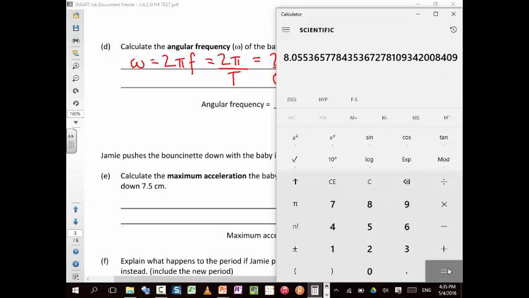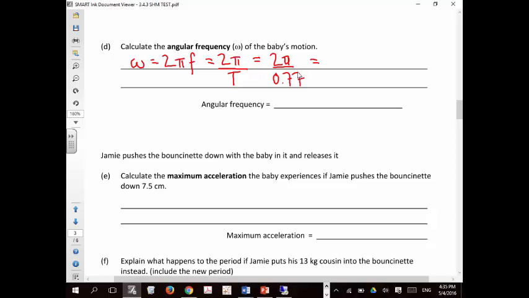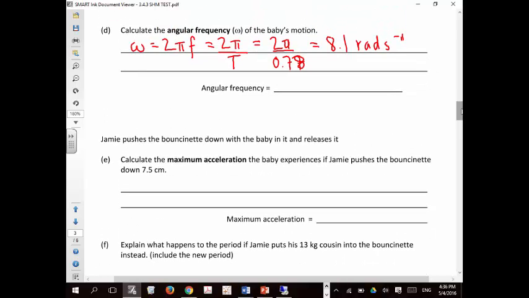I'm rounding a bit here, which isn't great, but I think it's accurate enough. So it's 8.1 angular frequency, so it's radians per second. Okay, we will write that in here: 8.1 radians per second.